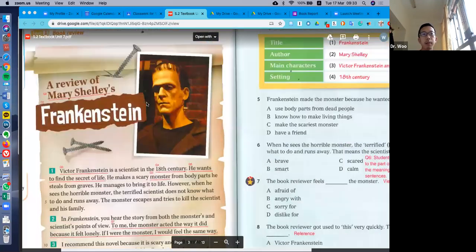Now, Jermaine, you said that this person or thing in the picture was Frankenstein. Do you still think the person or thing in this picture is Frankenstein? Yes. Okay.